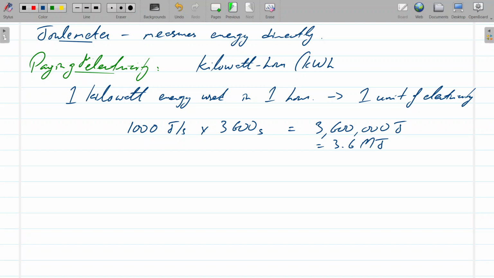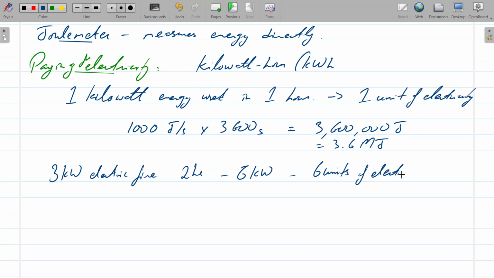So a 3 kilowatt electric fire, for example, working for 2 hours, would give 6 kilowatt hours, obviously, and so that would be 6 units of electricity used.